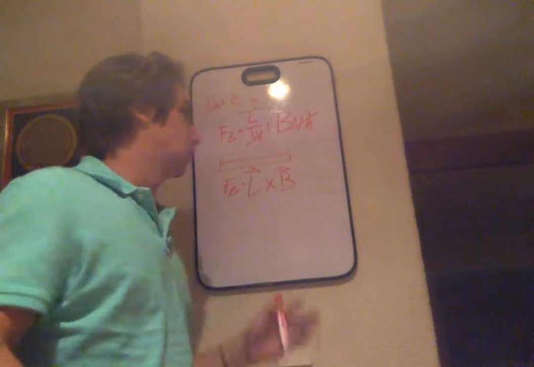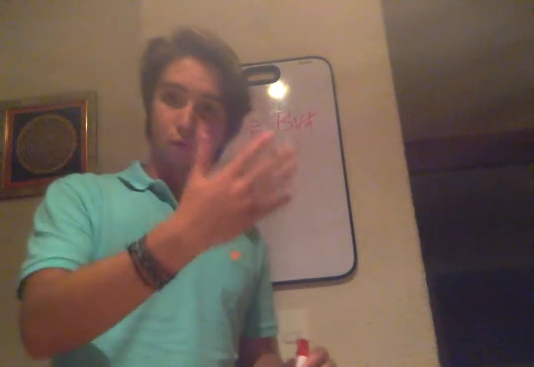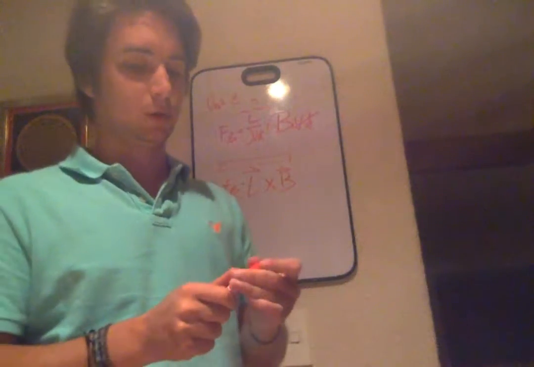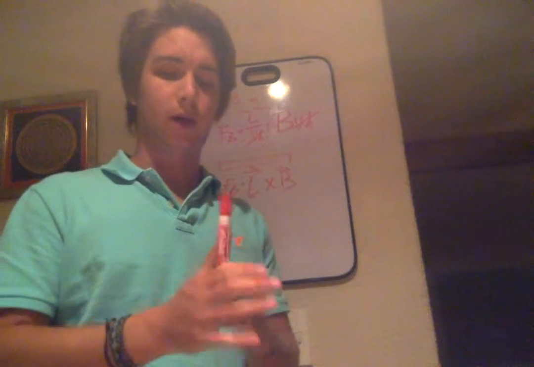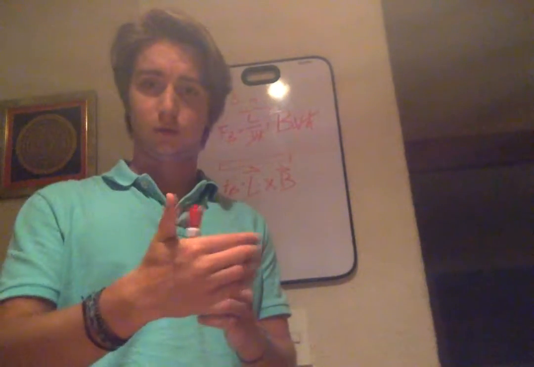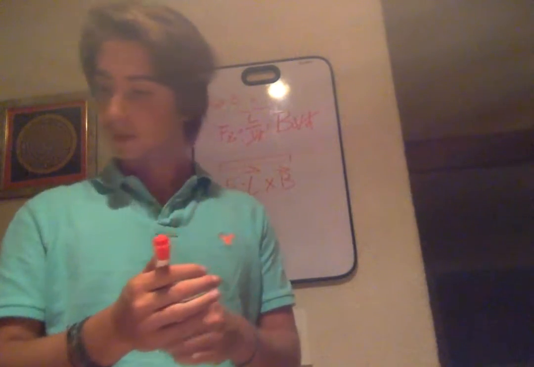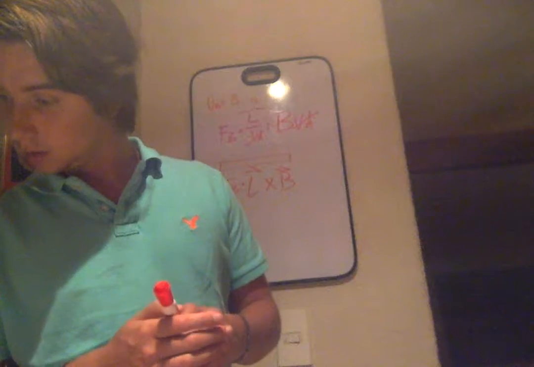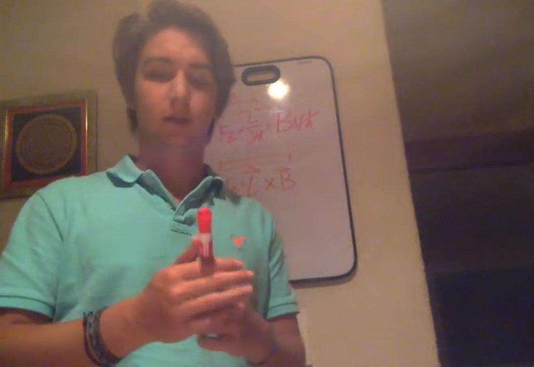So here, if we use a second right hand rule, we will say that we would have current. This would be our current, and this would be our N that we'll later explain.